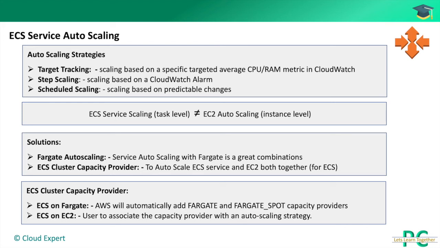Now there are two types of cluster capacity provider. First, ECS on Fargate. In this case, AWS will automatically add Fargate and Fargate Spot capacity providers, so you really don't have to do anything. For ECS on EC2, here you as a user must associate the capacity provider with an autoscaling strategy.